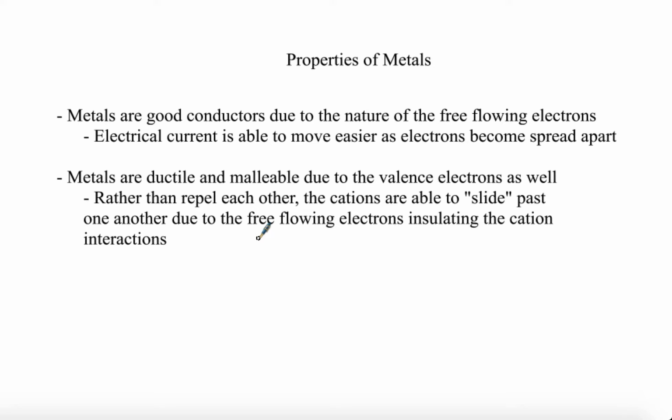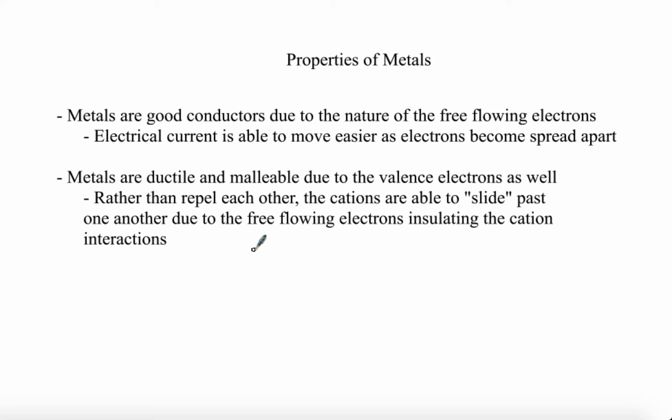Because the cations are able to move around each other rather than push each other apart, that lack of repulsion due to the insulation of the electrons helps make metals malleable and tough. So the electrons are very responsible for the properties that we see in these metals.